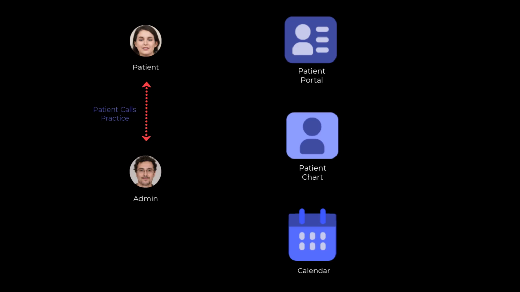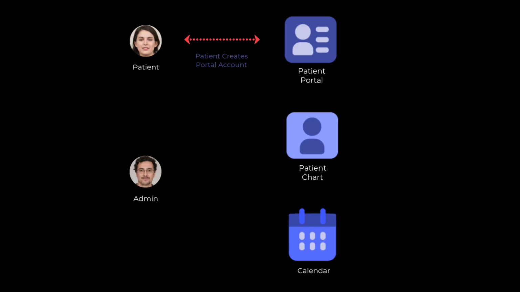And then the admin will direct the patient to go to the practice website and go to a button or a tab on the practice website that says Patient Portal. The patient will then click on that button or tab, which will bring up the Psykdesk Patient Portal page where they'll select New Account.